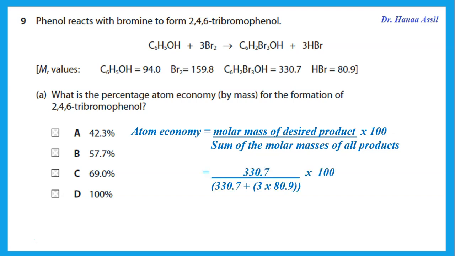So that means the atom economy is the Mr of the tribromophenol over the Mr of the tribromophenol plus, remember, we have 3 HBr. Please take into consideration the coefficients in this calculation. So we have 3 HBr, then the atom economy for the production of this compound is 57.7%.